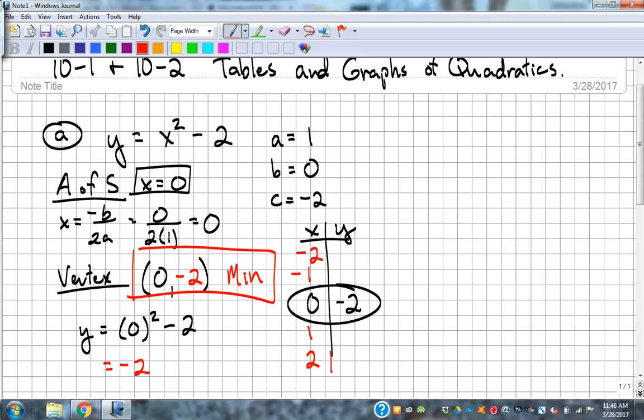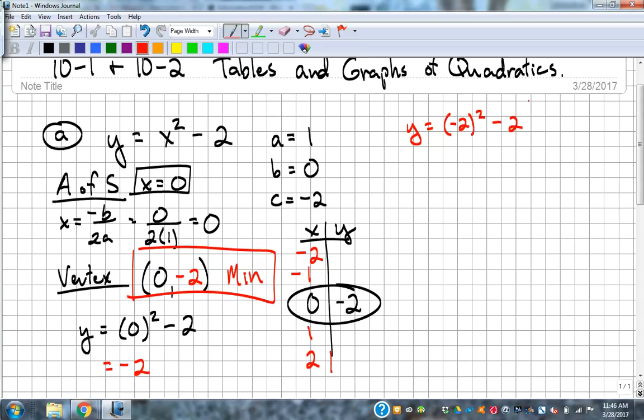How do I get the y value that goes with them? Plug it into the equation. Just like we did to get the vertex, right? No different. We're just going to plug in -2 instead of 0 and work that out into x squared. So -2 into x squared. And you don't have to write those things out.